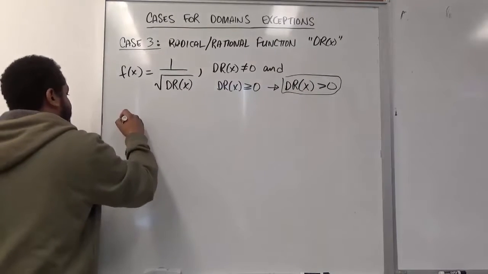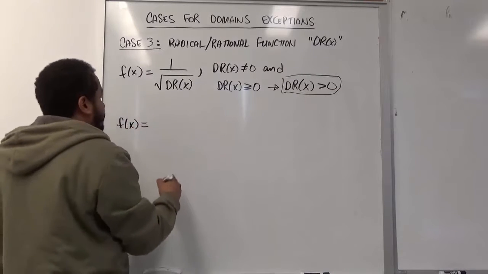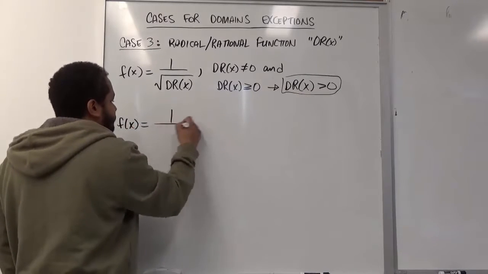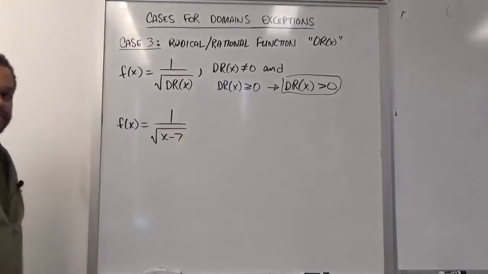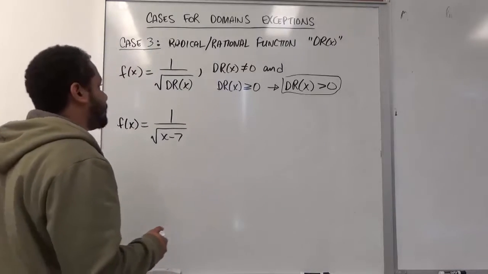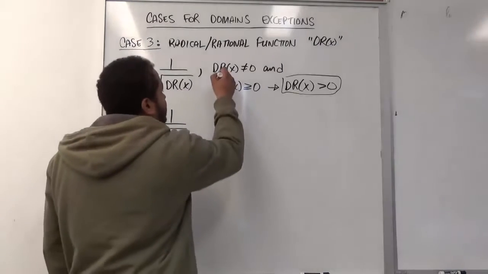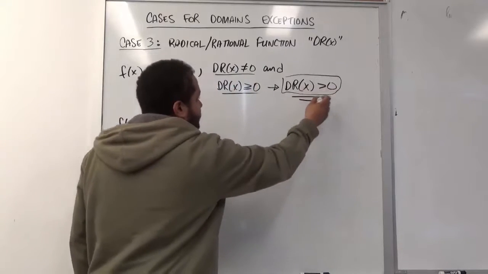And so now, let's take a look at one of these cases. What we're going to do here is put a very basic problem, very similar to the one we did previously, simply because there's two things we have to worry about here. Now we know that when something cannot be 0 and must be greater than or equal to 0, it's just simply greater than 0.